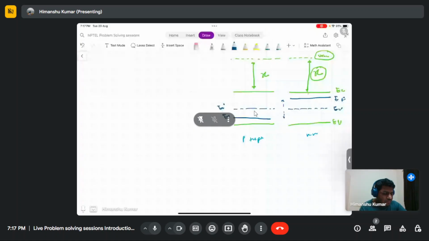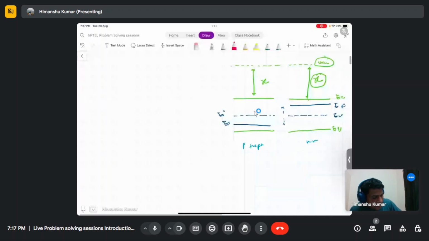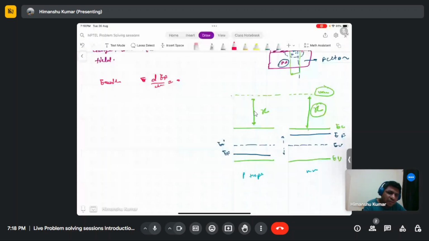When you join these, last class we have seen that in equilibrium the EF is constant, so basically dEF by dx is 0. To make the equilibrium band diagram: when you join the two semiconductor pieces, because the Fermi energy levels or chemical potentials are different, there is a movement of charges.